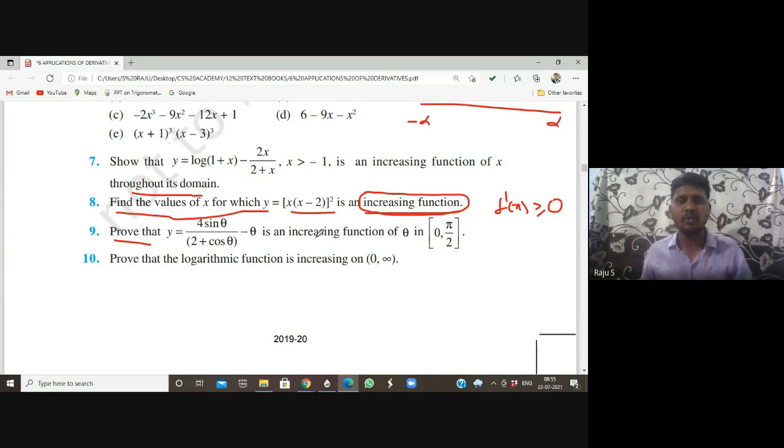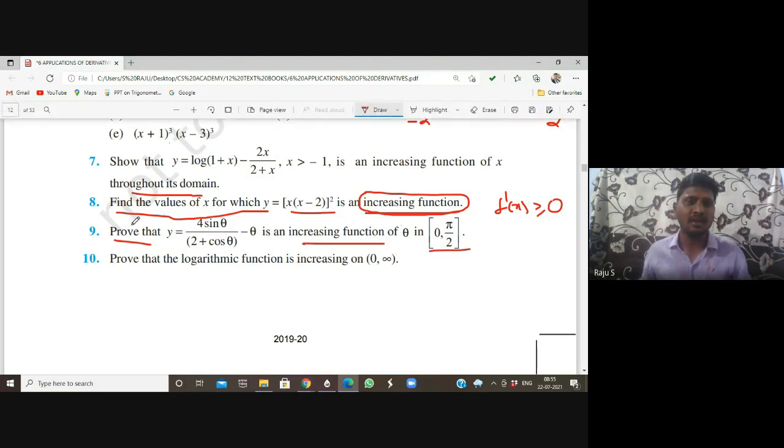Next question, prove that it is an increasing function in this interval. Already given, prove that. Prove that means definitely they'll give intervals. Interval is given. So what shall we do here? Find y dash and equate to 0. Equating to 0 we will get some critical points. At those critical points, we can divide it into subintervals.